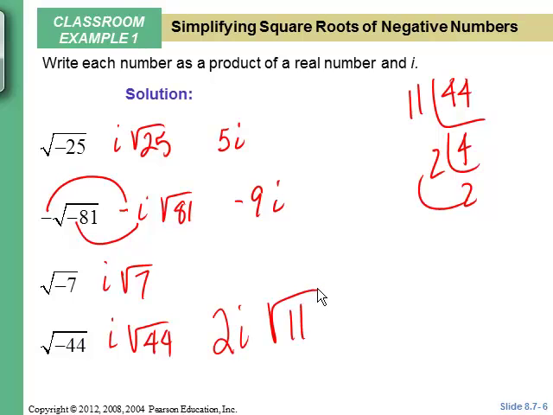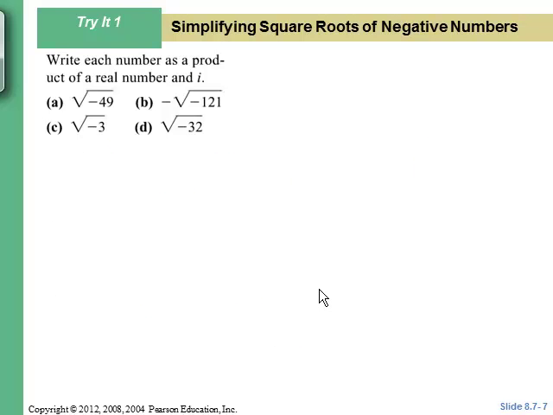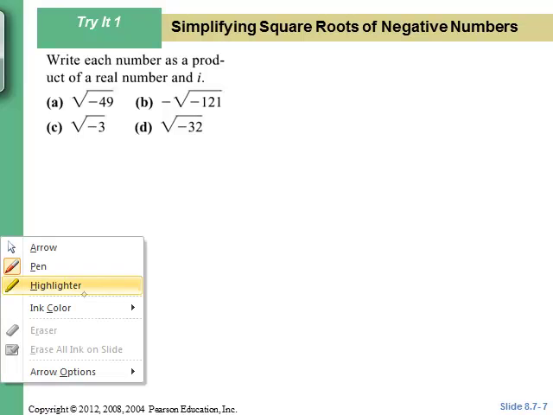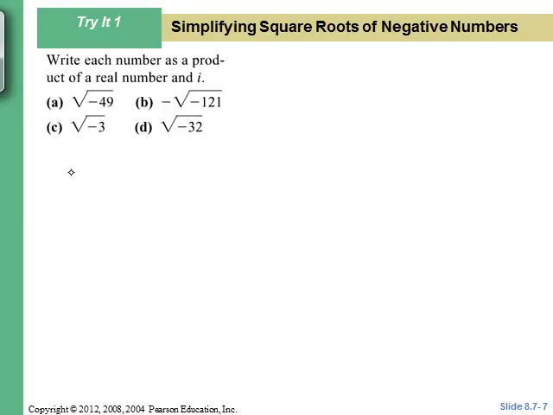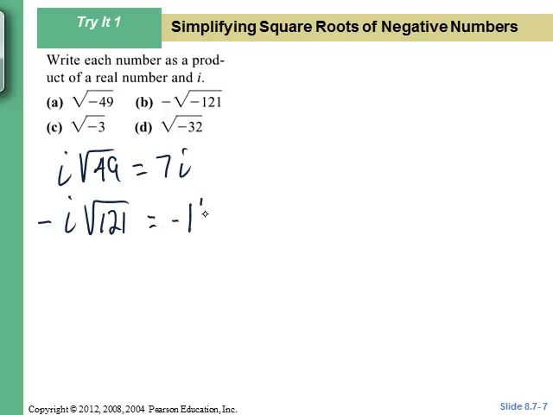Okay, you do these, and when you're ready, I'll show you how I did them. All right, for letter A, that is i square root 49, which is 7i. For B, it's negative i root 121, which is negative 11i.